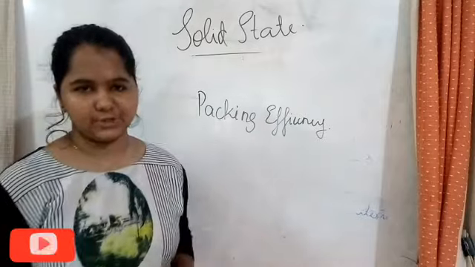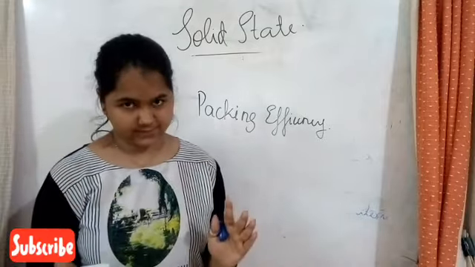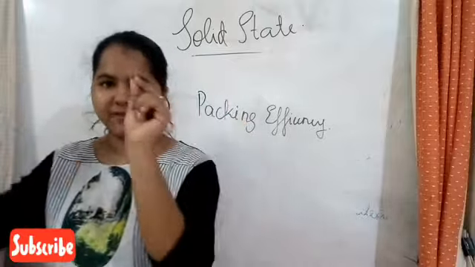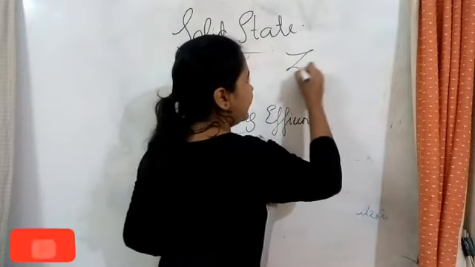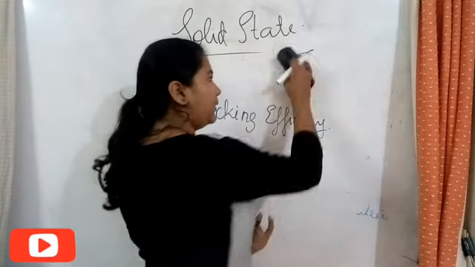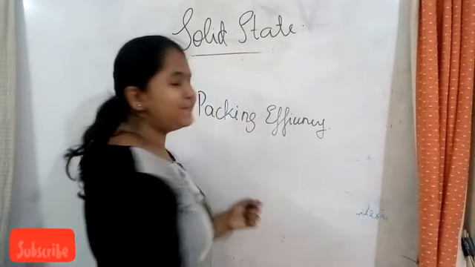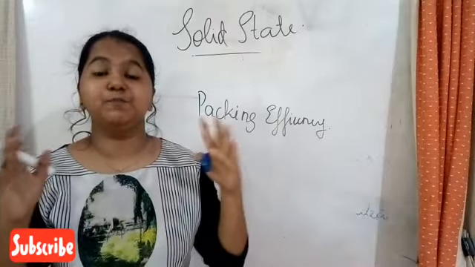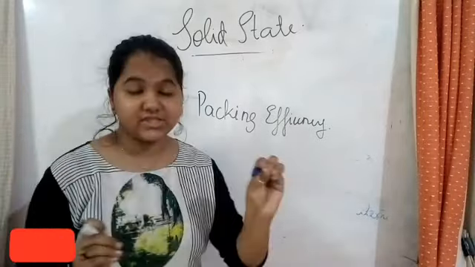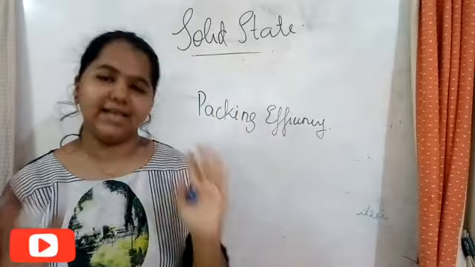I forgot to mention something. The number of atoms of a unit cell, we will represent as Z of the cell. Okay, Z, because in this equation we have that. So what is packing efficiency? That is the percentage of space occupied by the constituent atoms in a lattice.